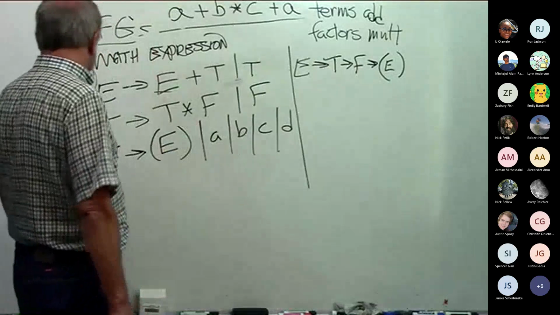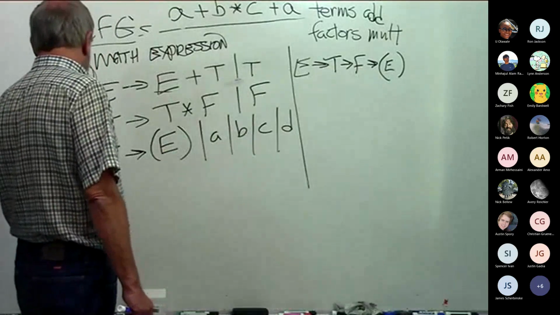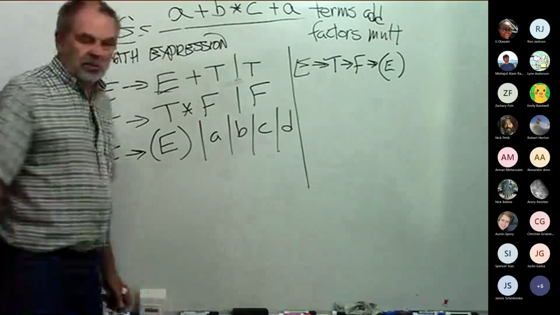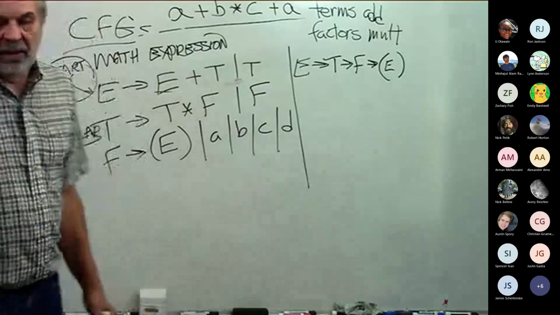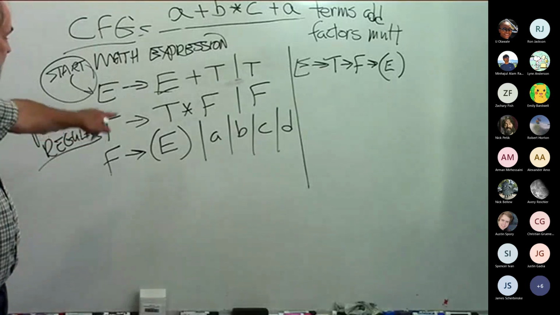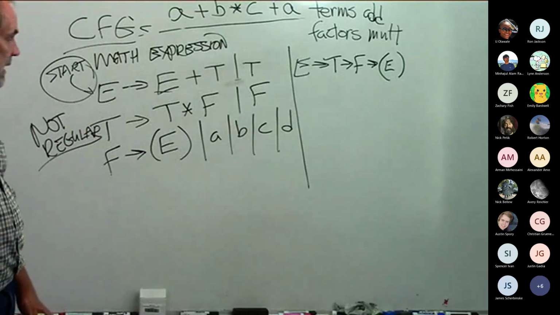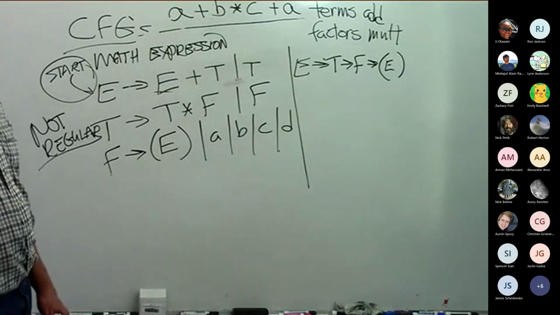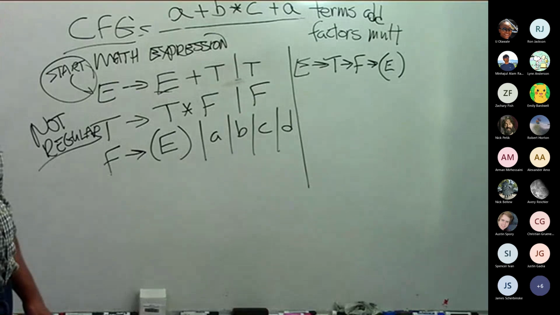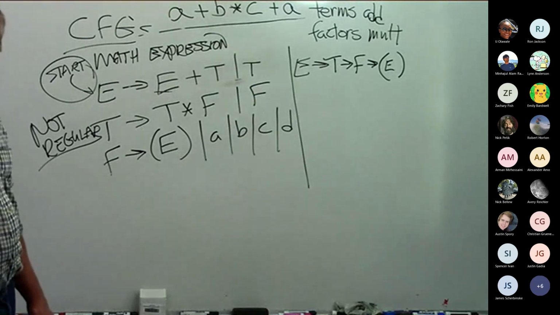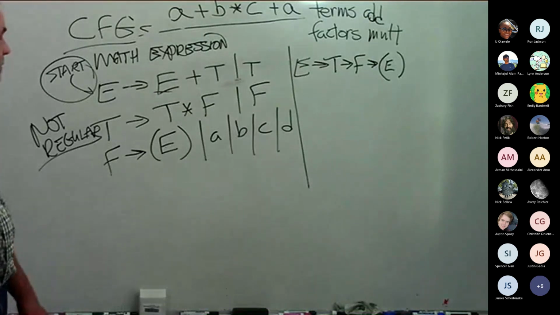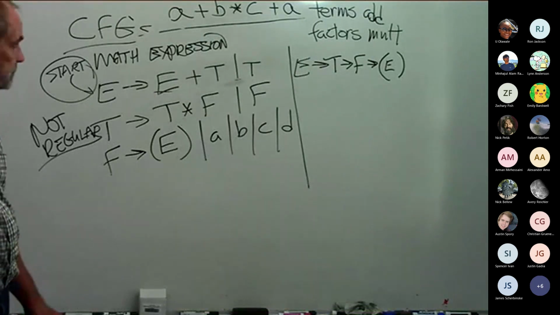This is not regular. You cannot sustain these rules using simply a DFA. One way of telling that is nothing in a DFA will let you say, if I see an open parenthesis, then don't accept this string until I see a matching closed parenthesis. And they can be nested any level deep that I want. You just can't do that with a DFA.